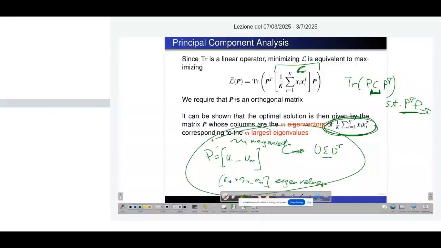We can show, and I'm not going to do it, that if I take the M leading eigenvectors of this matrix, the eigenvectors corresponding to the highest eigenvalues, then what I get is exactly the matrix P that meets this constraint. The eigenvectors form a basis. So if I take M eigenvectors, I get orthonormal columns for P, and these eigenvectors will give me the maximum of that function. They will provide the directions that minimize the reconstruction error.